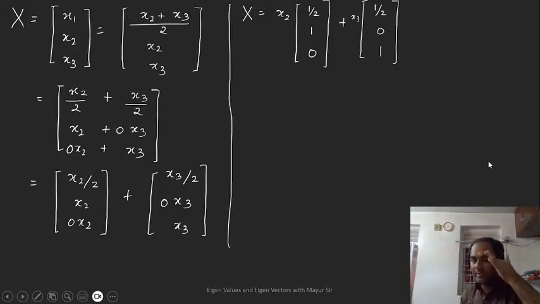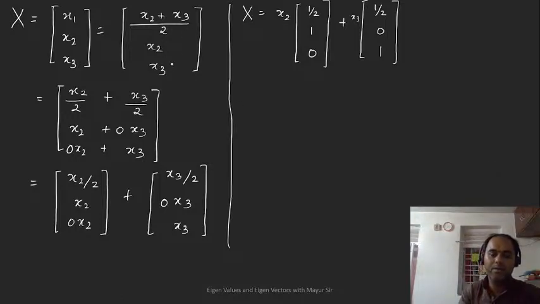Then you substitute that relation, whatever you got, in the general vector formula. In the general vector formula, you split the x2 variable and split the x3 variable. So I have split this way, x2 upon 2 and x3 upon 2.